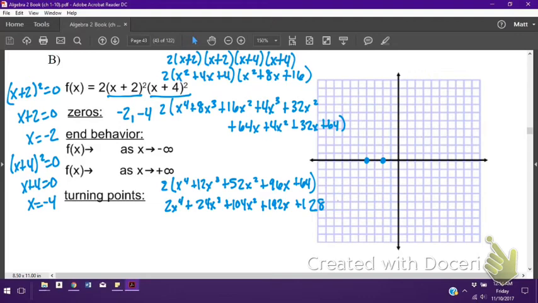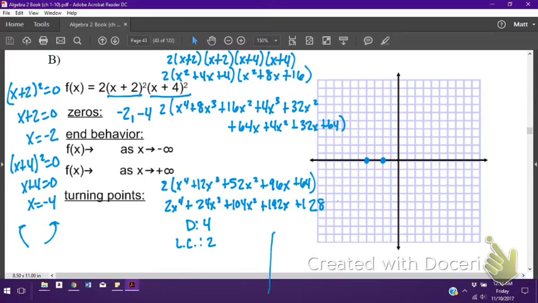So my degree is what? Hopefully you said 4. That's my highest power. And my leading coefficient is 2. So that means I have a positive graph. And because it's even, I know my ends are going to go this way and this way.